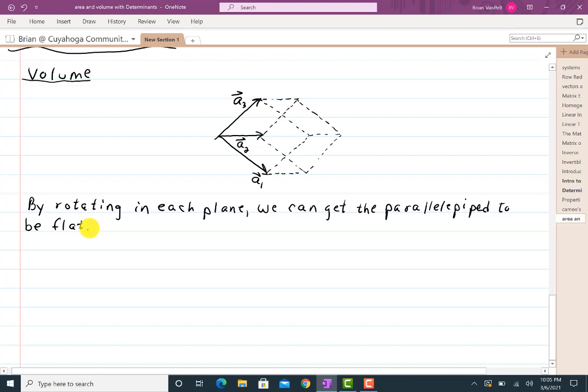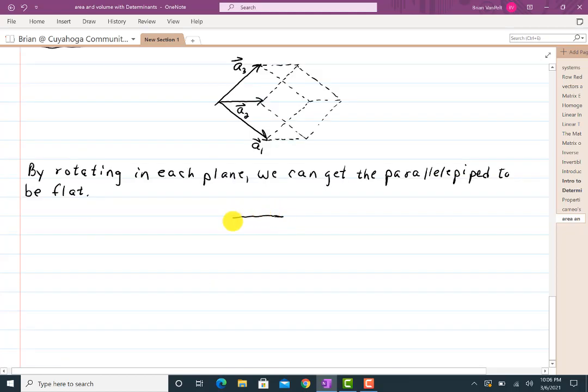So what's flatness going to look like? Something like this. Okay, so I think I've got it.